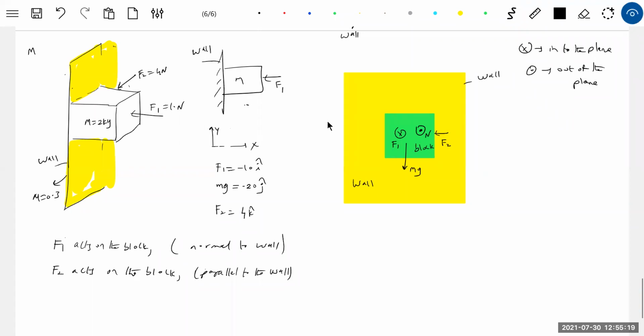Shall we take upward? If this F2 were not there, the friction would have been upward here. Agreed? Then if this F1 were not there, then because of F2, the friction would have been like this. Because of the weight mg and F2, the friction will act at a certain angle here now.